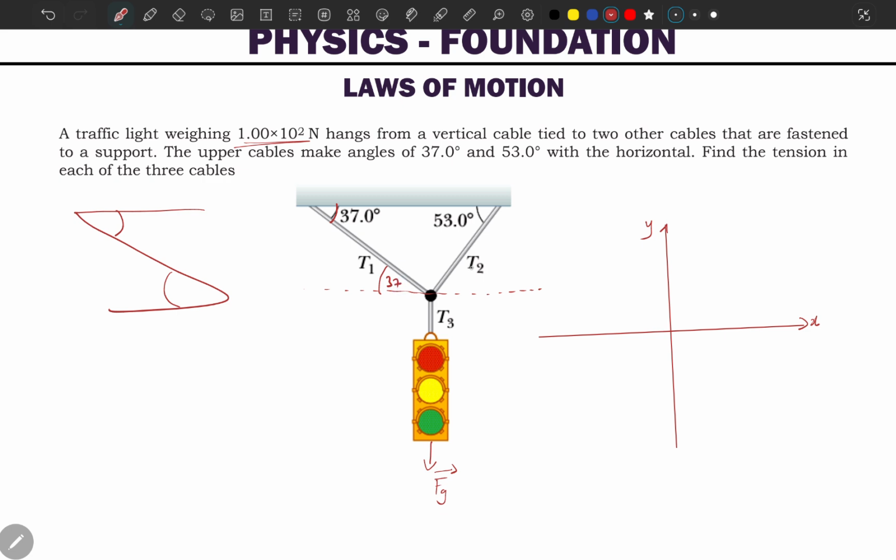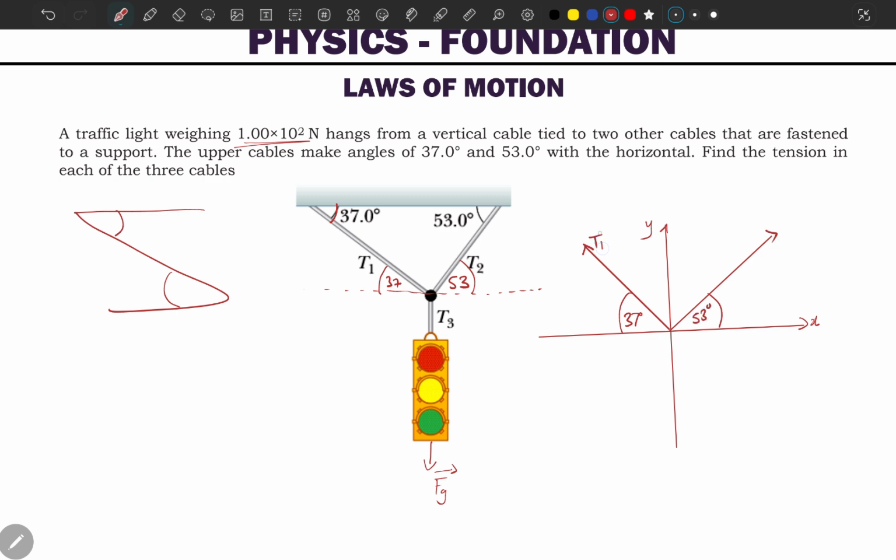So 37, meaning even this angle here is 53. If I bring this on the X or Y plane, this is automatically 37 degrees. And this angle here is 53 degrees.